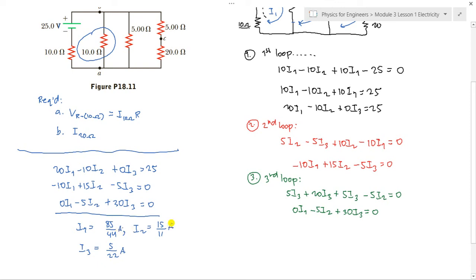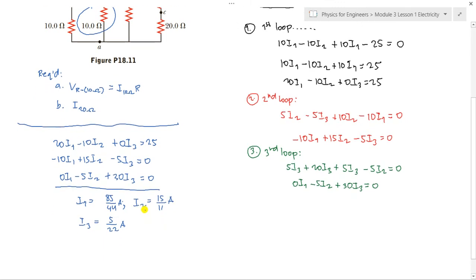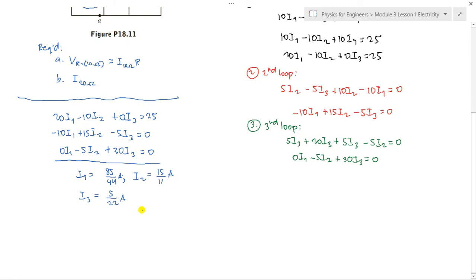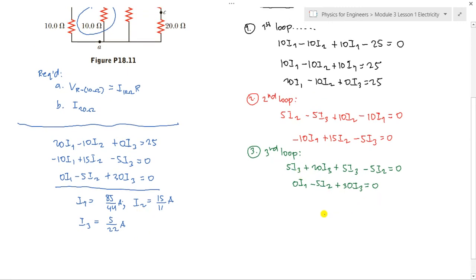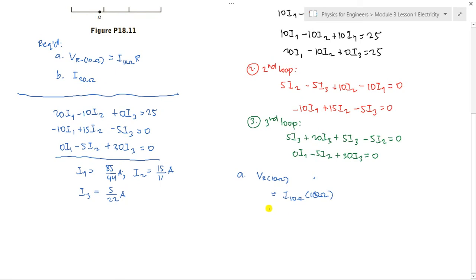Okay. Now, to solve for the voltage across points A and B, that is just equal to the voltage on the 10 ohm resistor. So solving for the voltage at the 10 ohm resistor, that is just equal to the current passing through that 10 ohm resistor multiplied by the resistance of that resistor, that is 10 ohm.